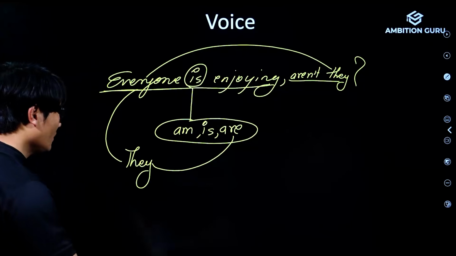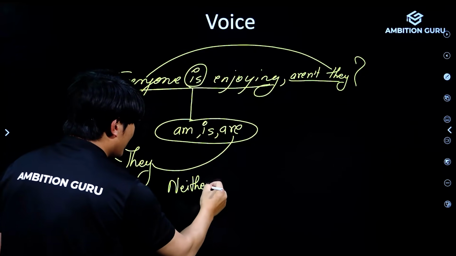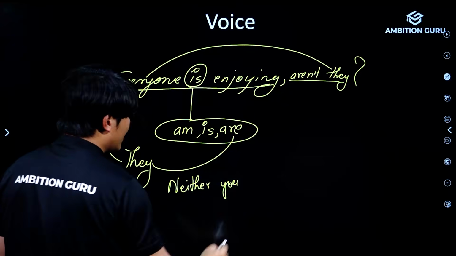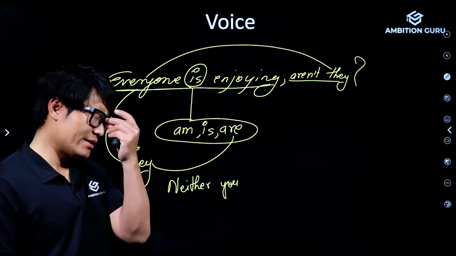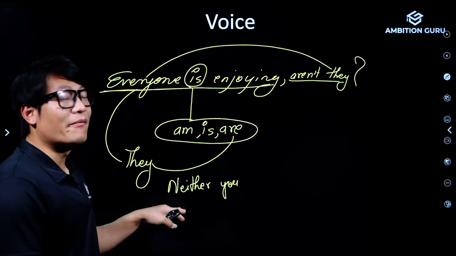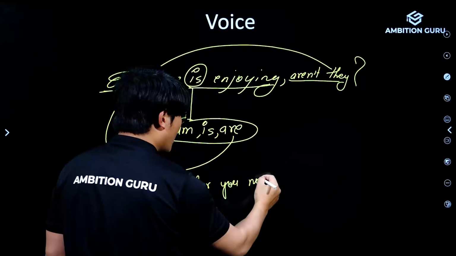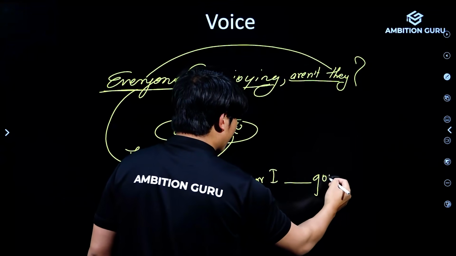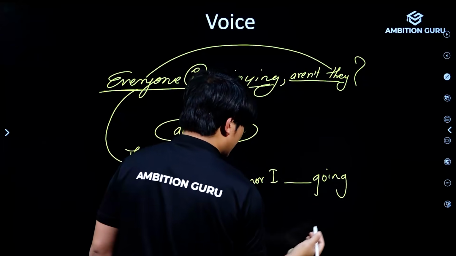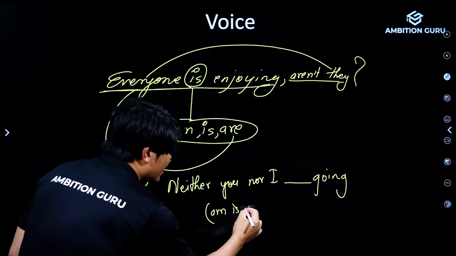Clear? Okay, someone is asking like "neither you nor I". This is asked especially in subject-verb agreement. Okay, "Neither you nor I going", and you need to make the sentence. You have two options first: "am, is, are".